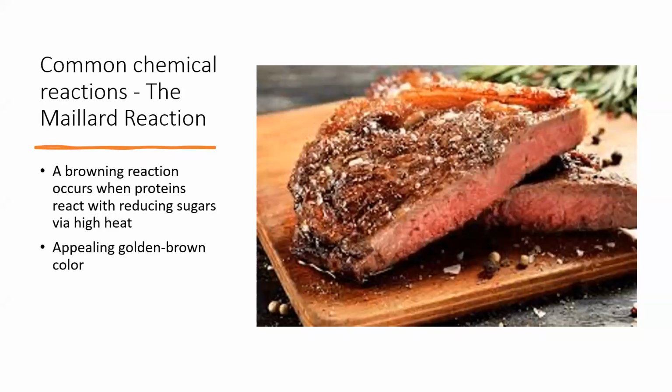The Maillard reaction goes on there when you see the surface of the beef changing from the regular fresh red color to a brownish color. A lot of other reactions also involve this Maillard reaction.